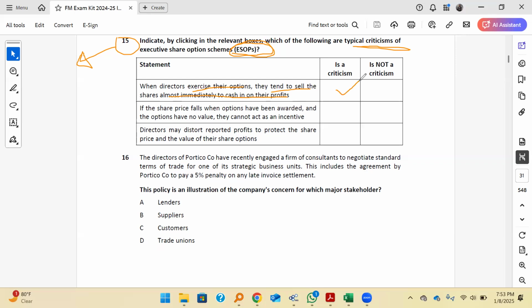So whenever you give them share options, they just wait for those options to reach a point where they can exercise them, and they get the shares. And the shares usually they get them at a lower amount. So when they do get them, then they do what?